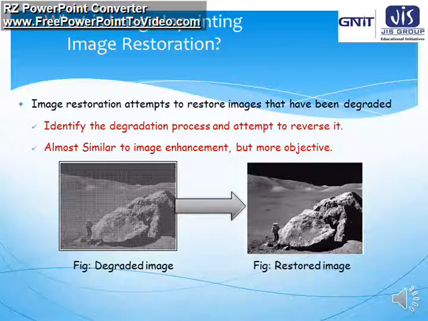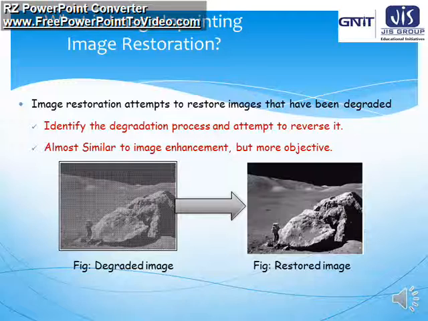Now if we go for the definition, what is image inpainting or image restoration? Image restoration attempts to restore images that have been degraded. First of all, identify the degradation process and attempt to apply just the opposite or reverse of it.